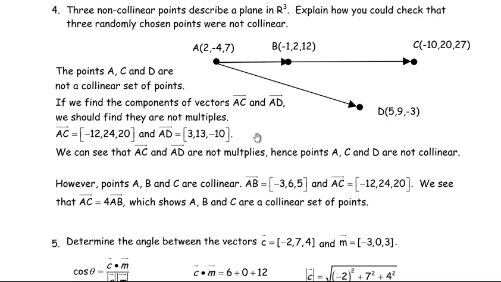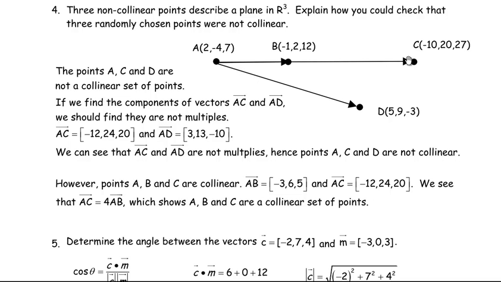For question number 4, 3 non-collinear points describe a plane in three-dimensional space, or R3. You're asked to explain how you could check that these 3 randomly chosen points were not collinear. Okay, we want 3 non-collinear points. So I've kind of got 2 examples here. The points A, C, and D are not collinear because they're not all in a straight line.